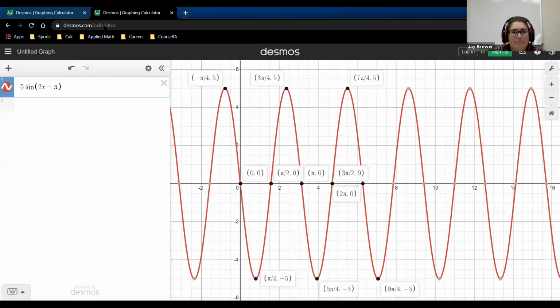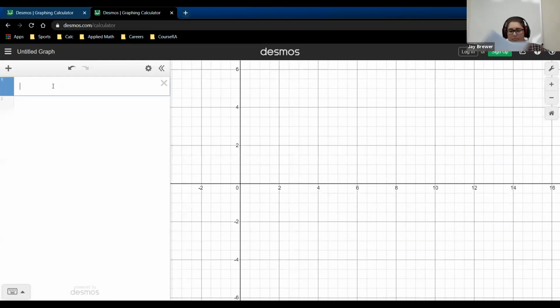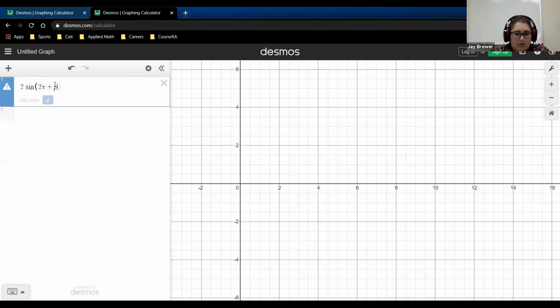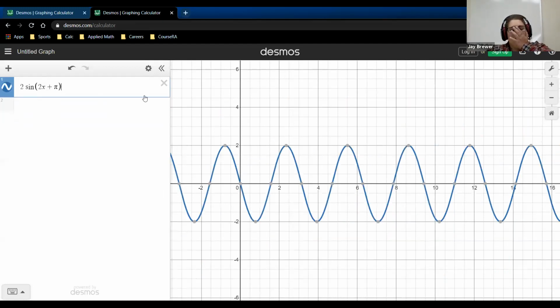So now we're going to type in the new one. 2 sine 2x plus pi. Okay. So if you go to where we're supposed to start at, pi over 2. And negative pi over 2.